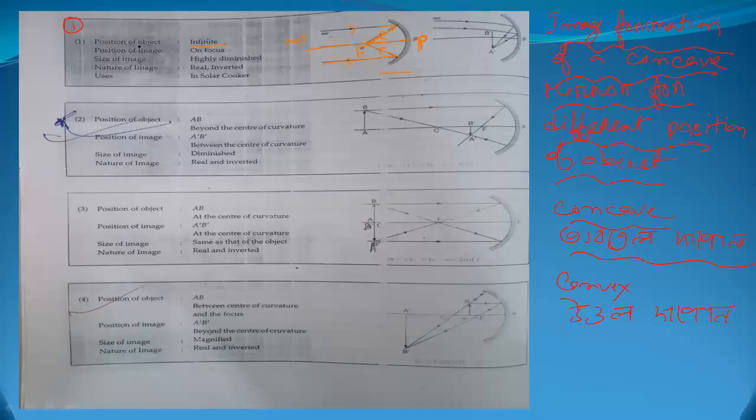Now you have to write down like this: position of the object, infinity; position of the image, at focus; size of the image, highly diminished.